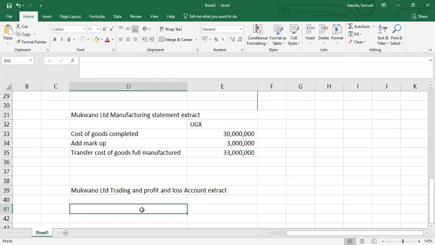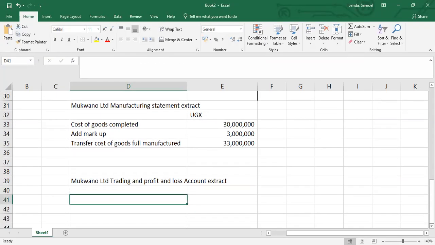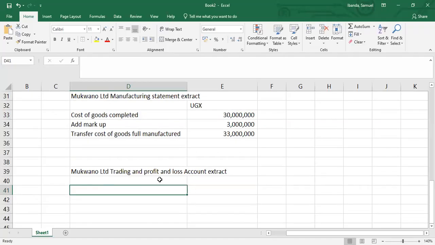So what we are going to do, remember what happens with our profit and loss account, trading? We start with sales, but we don't have sales. And here what we're doing is just an extract. So I'll start with the cost of goods sold, because after sales, you subtract the cost of goods sold. So that is what I'm going to start with.